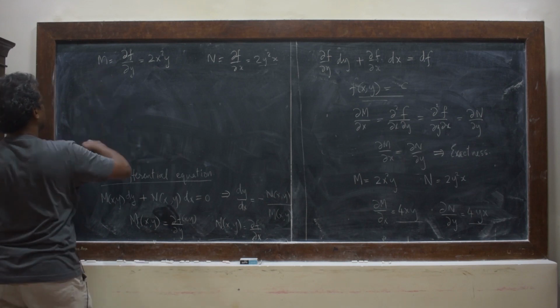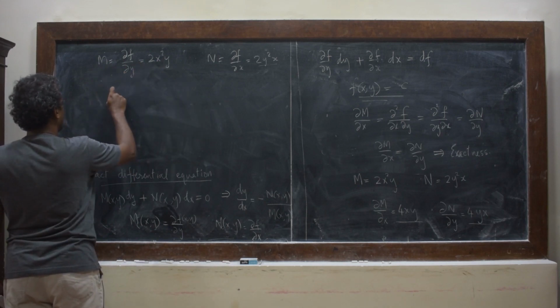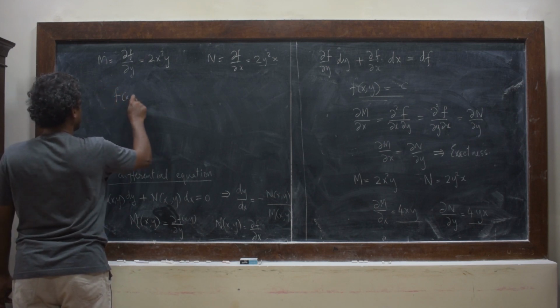Let us pick this function and try to integrate it over y alone and obtain the form of f of x comma y.